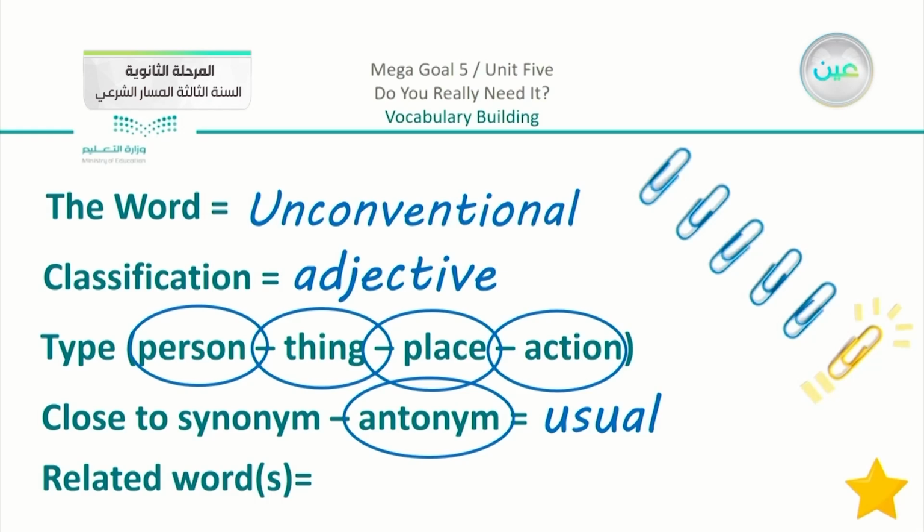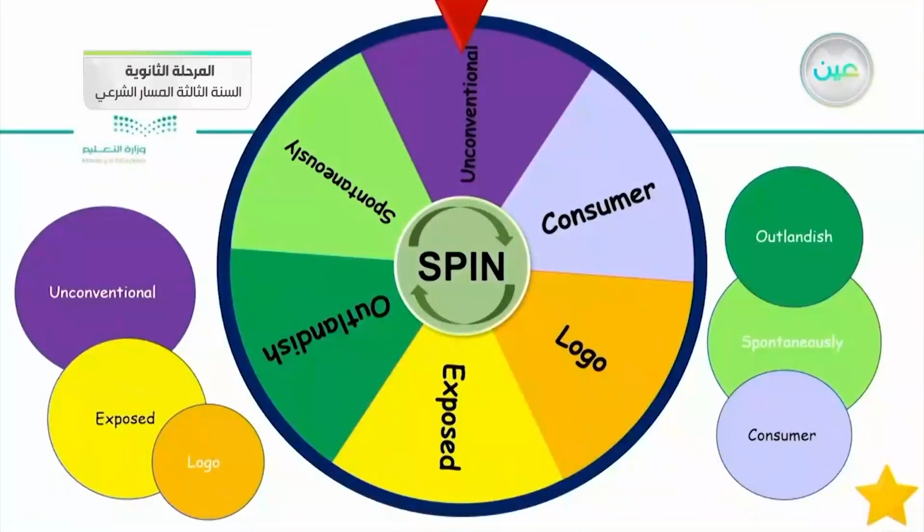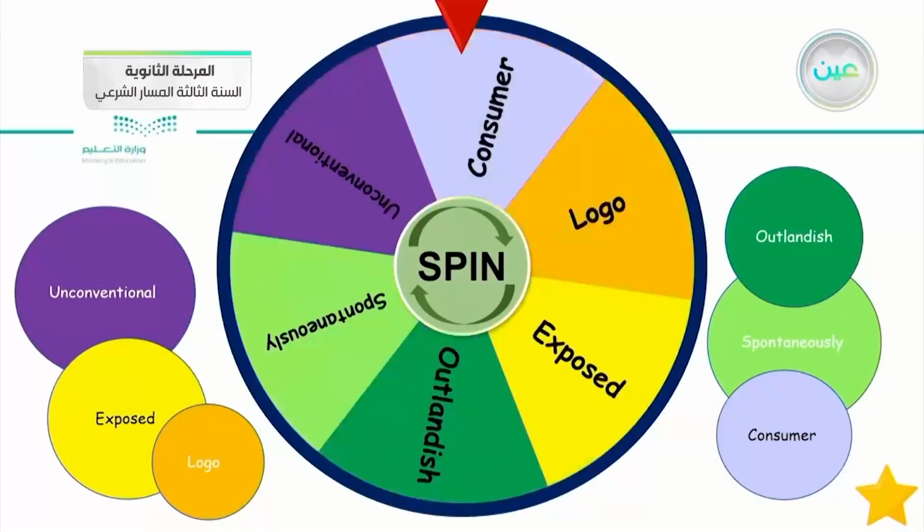This is what makes it the unconventional meaning here. And we can relate it to our strange word, which is outlandish. So you can see that unconventional is very close to outlandish, but outlandish means that something is stranger. Now moving on, we have finished 3 words. Now we are going to see what else we have here.